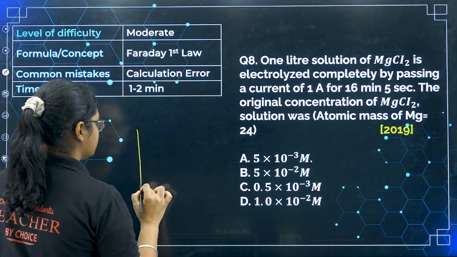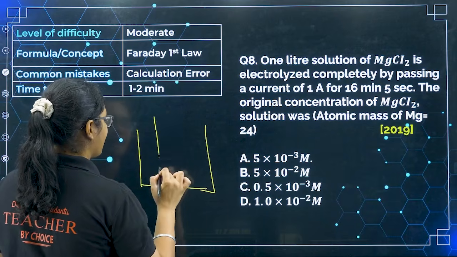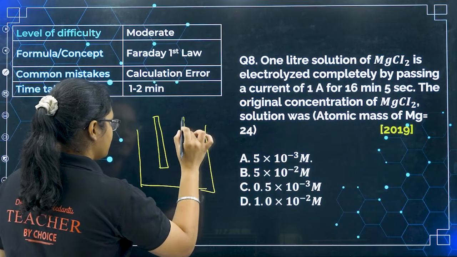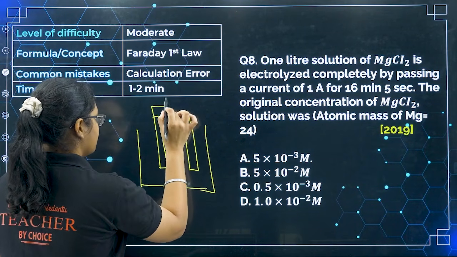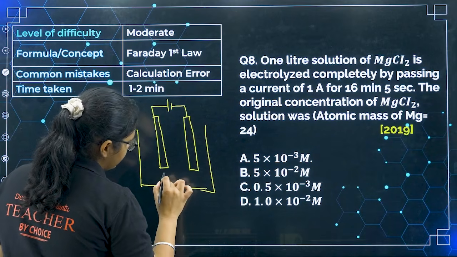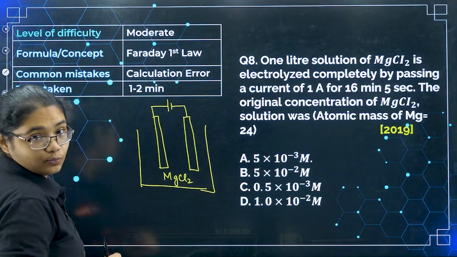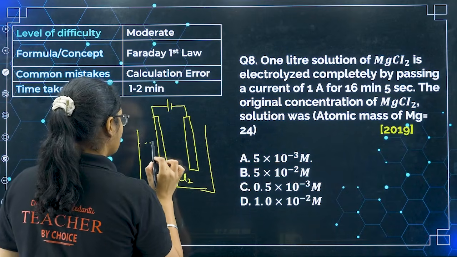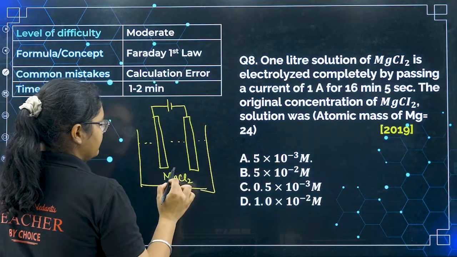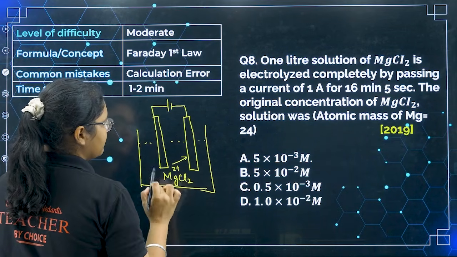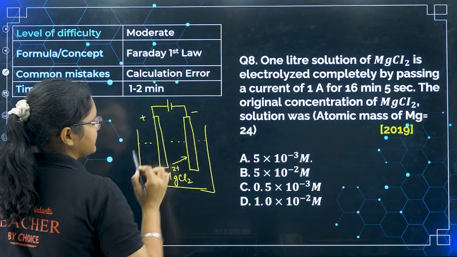So you have a solution, okay, you have some electrodes here, okay, and the electrolyte present here is MgCl2. Now what will happen? See, Mg2 plus is there, it will go and deposit. This is your positive electrode, this is negative electrode.